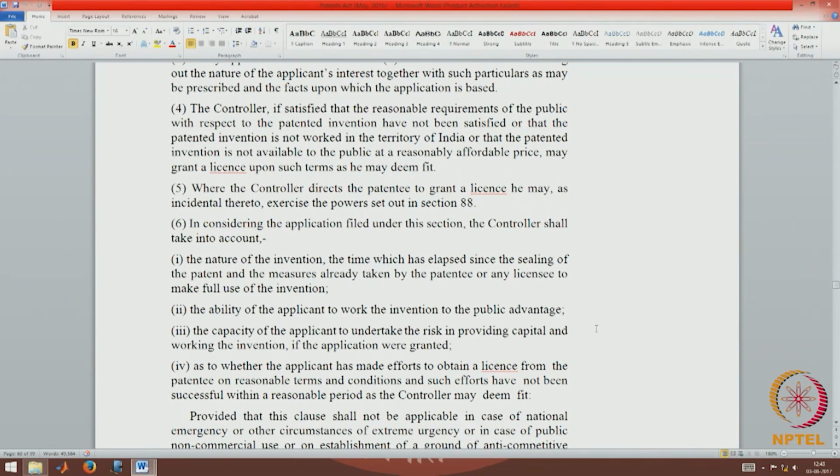The sealing of the patent is redundant because it was an earlier practice where patents, before they were granted, were sealed. It was a separate administrative action, but it has been removed in every other part of the Patents Act except this place. So, the word sealing of a patent still appears here. It is an appendage that still hangs over.